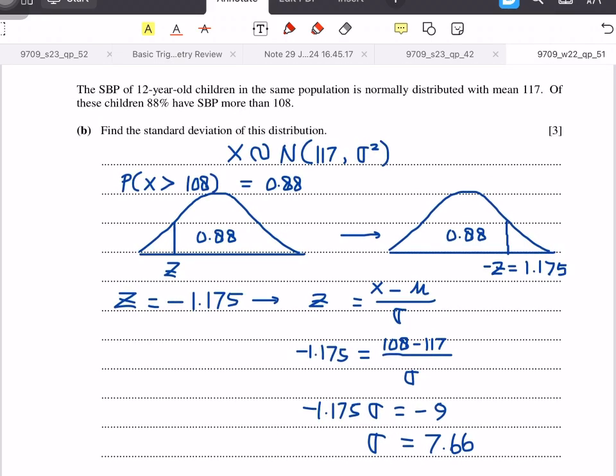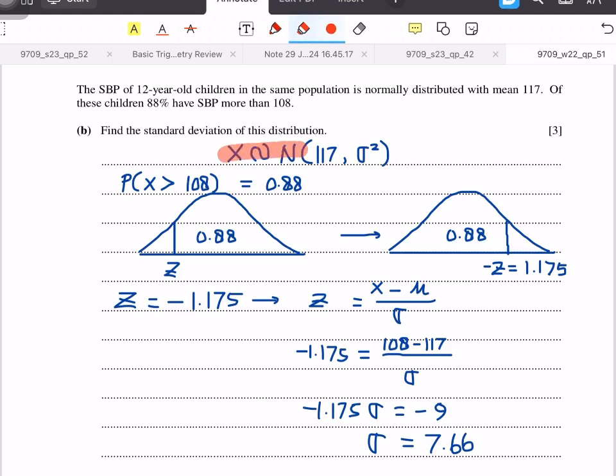And then the SBP of 12-year-old children in the same population is normally distributed with mean 117. Of these children, 88% have SBP more than 108. B. Find the standard deviation of this distribution.